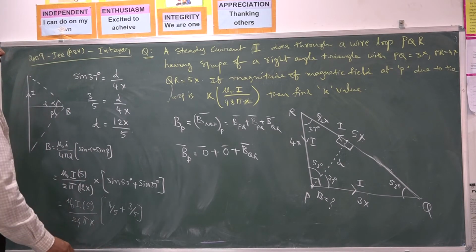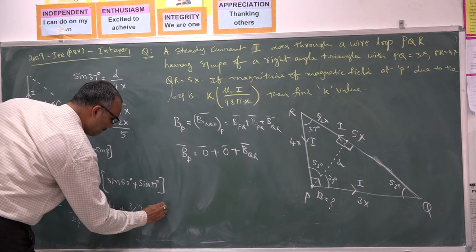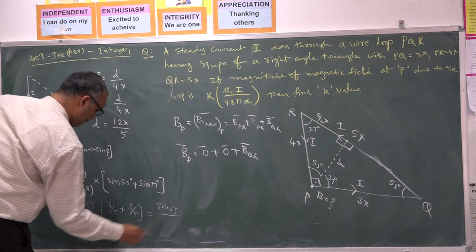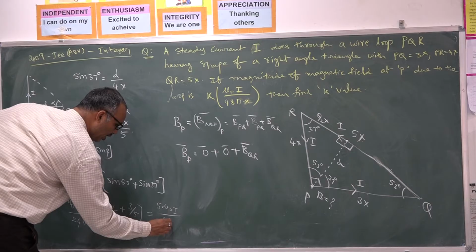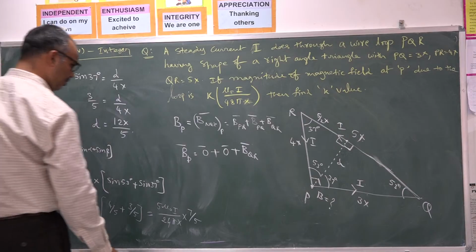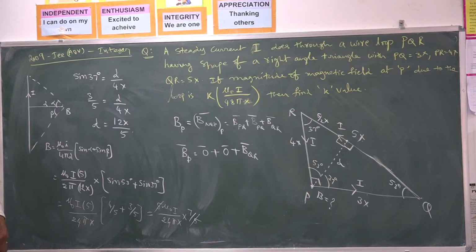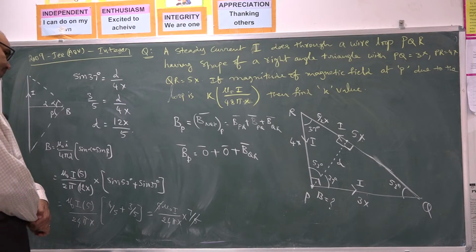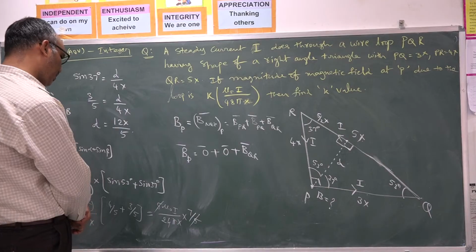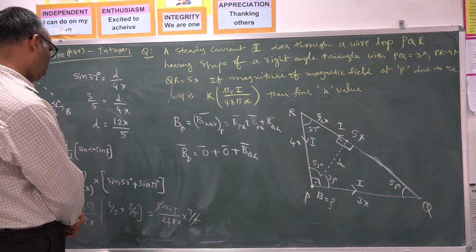So mu naught I by 24 pi x into 7 by 5. So 5 gets cancelled. We require something into mu naught I by 48 pi x. If you want 48 pi x, you should multiply 2 in the denominator as well as in the numerator.